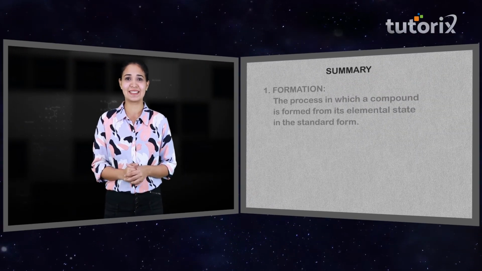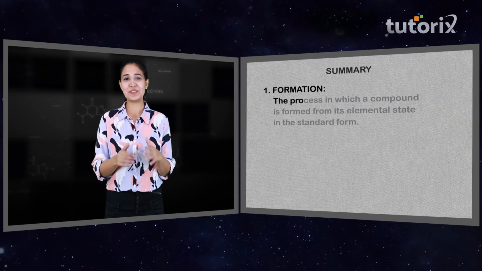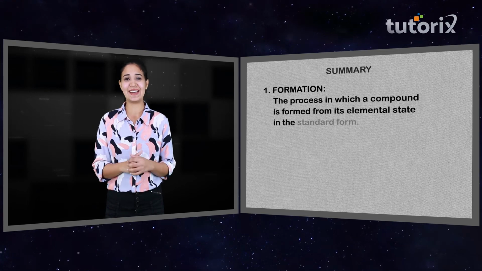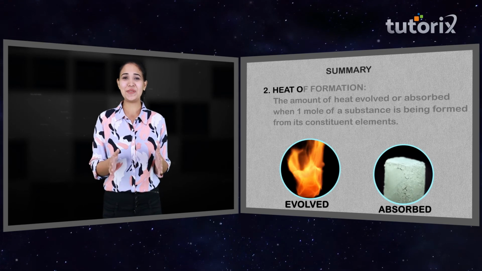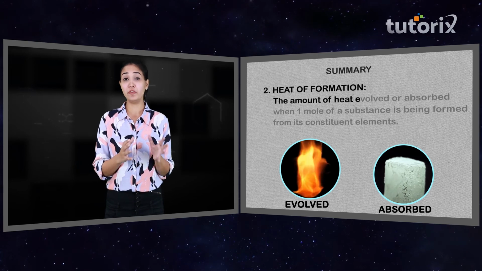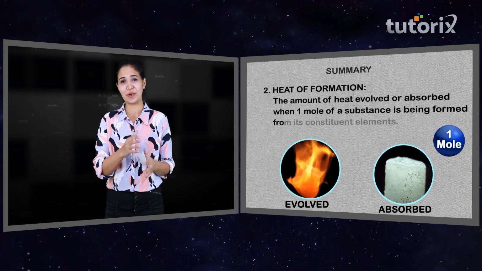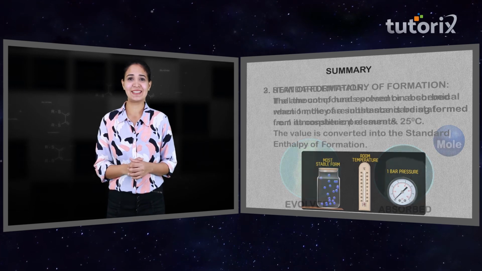Before that, let's summarize what we have done in this class. Formation, the process in which a compound is formed from its elements in their standard form. Heat of formation, the amount of heat evolved or absorbed when 1 mole of a substance is formed from its constituent elements.